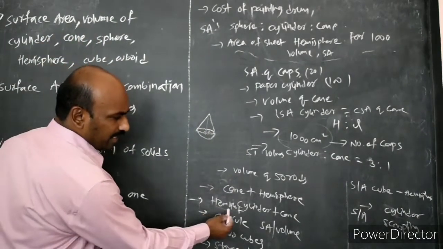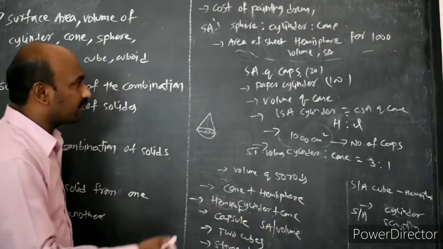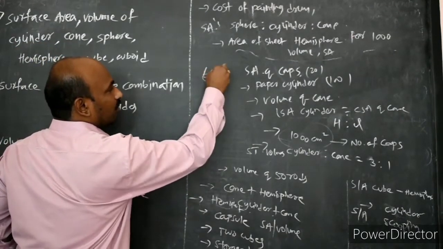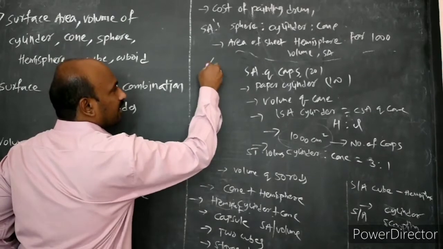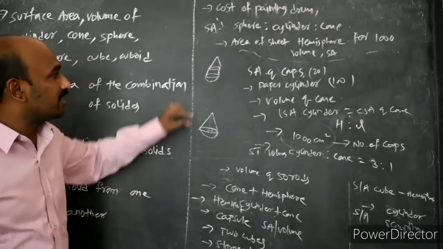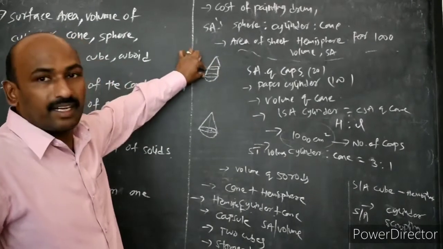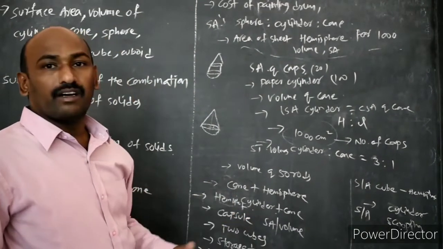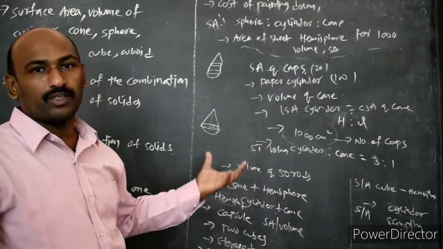And they can ask hemisphere, cylinder and cone together. We can get the surface area by splitting the diagram into CSA of cone plus CSA of cylinder plus CSA of hemisphere. And capsule problems, they can ask for 4 marks, surface area or volume.